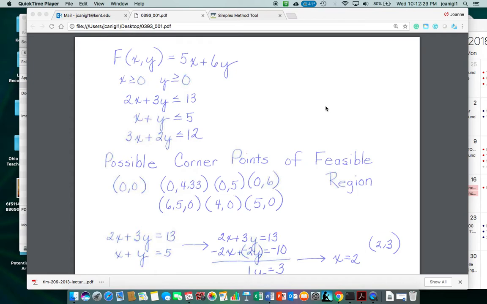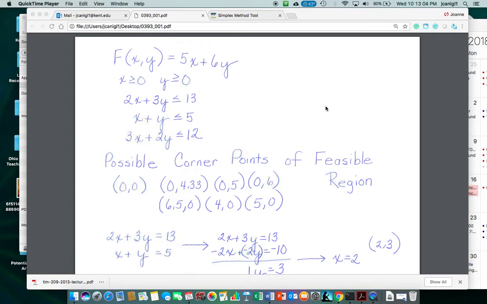If we put in x is equal to 0 for x plus y is less than or equal to 5, we get 0, 5 as a point of intersection. When we do the same, we put in 0 for 3x plus 2y is less than or equal to 12, we get the point 0, 6.